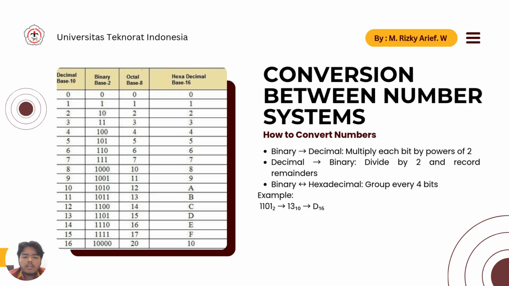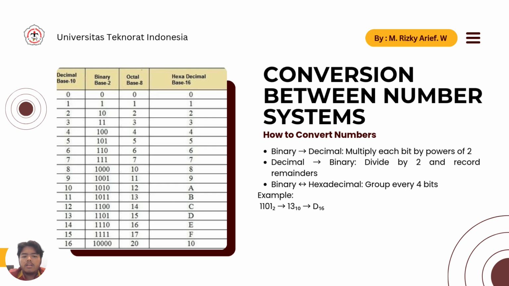For example, 13 divided by 2 equals 6, remainder 1. Then 6 divided by 2 equals 3, remainder 0. 3 divided by 2 equals 1, remainder 1. And finally, 1 divided by 2 equals 0, remainder 1. If we read the remainders from the bottom to the top, we get 1101, the same as our original binary number.